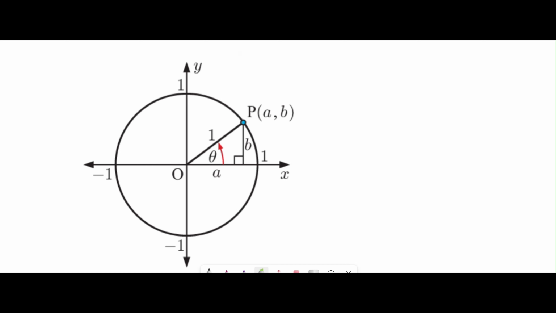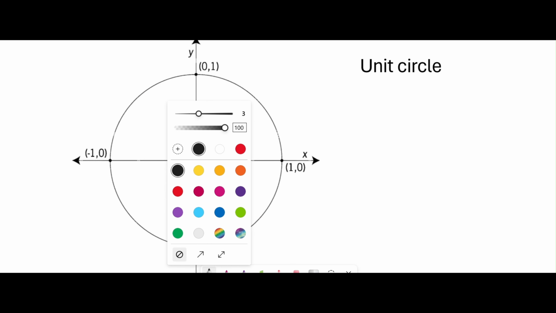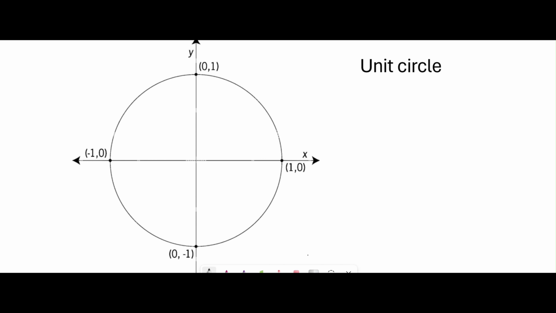And then if we have another example, so here it is, point P. This value here on the bottom we said is our cosine value, while this value on top is the value on the y-axis, and that is our sine value. Okay, if we have another unit circle, so this one, for example, let's say this time our point P is over here.